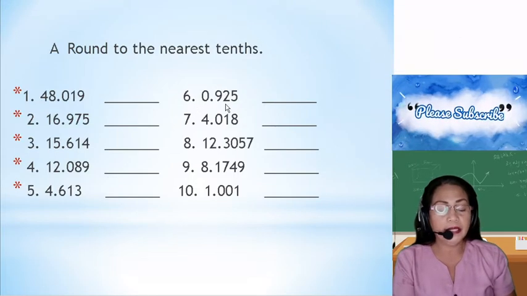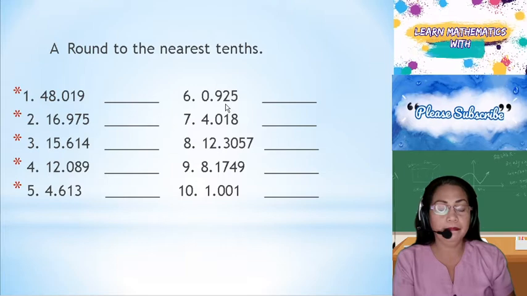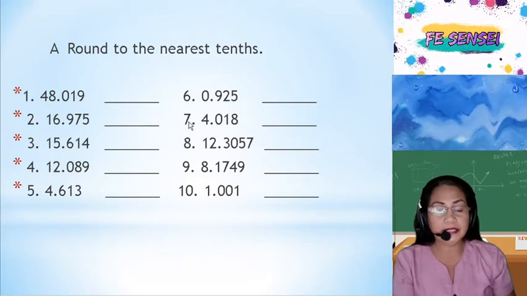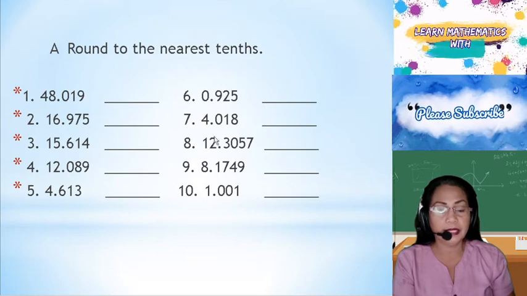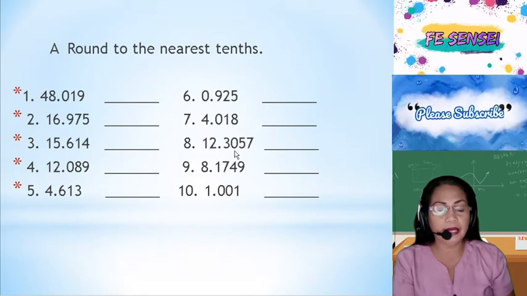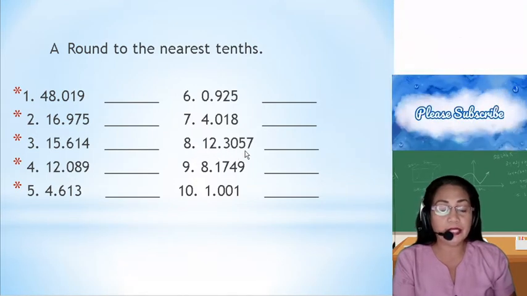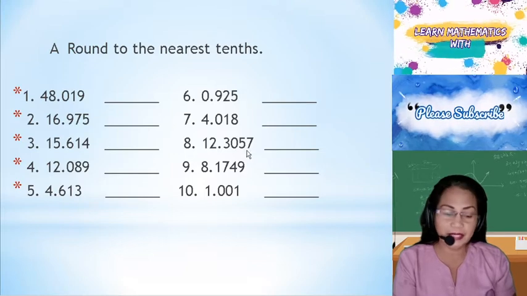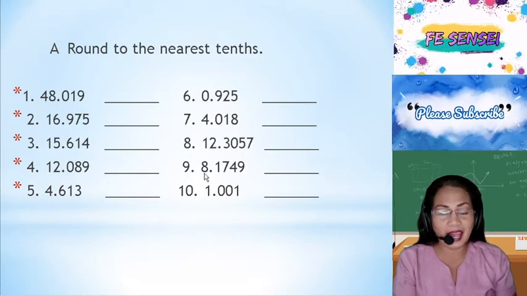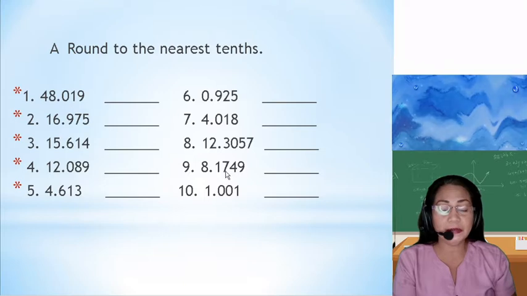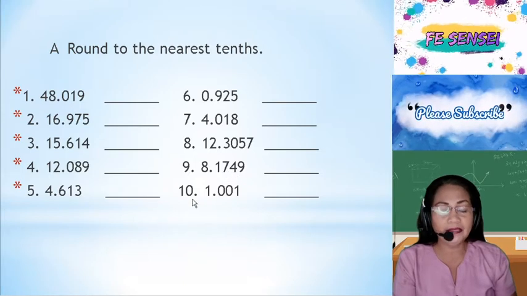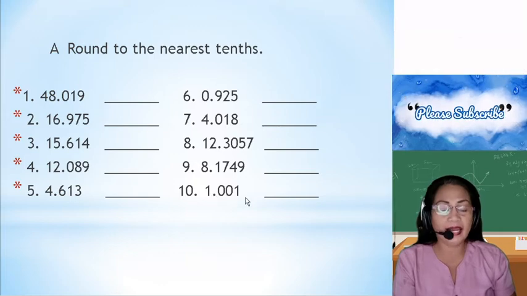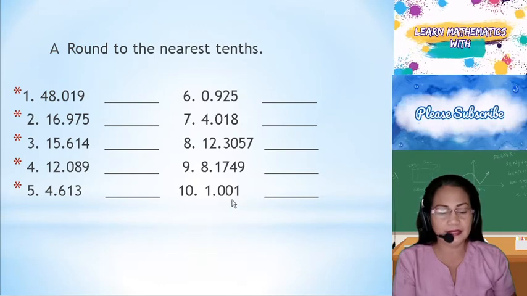Number 6, 925 thousandths. Number 7, 4 and 18 thousandths. 8, 12 and 3,057 ten thousandths. Number 9, 8 and 1,749 ten thousandths. And number 10, 1 and 1 thousandths.